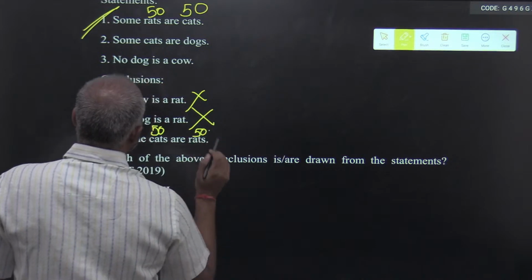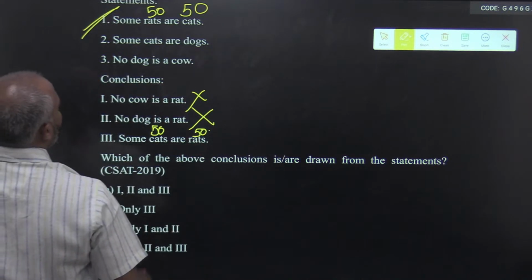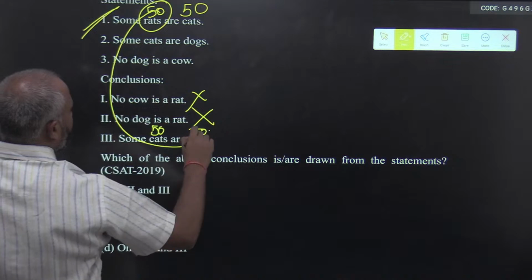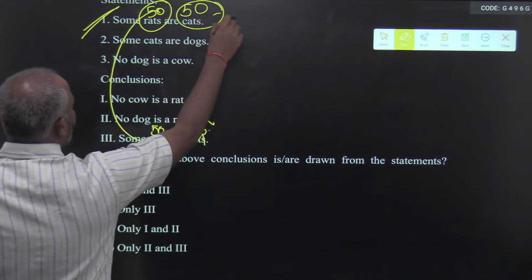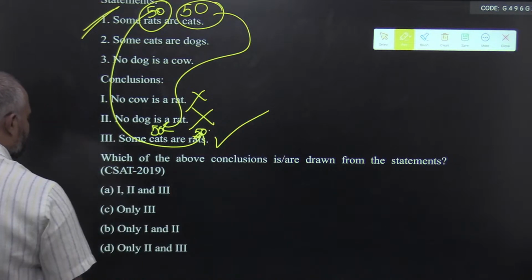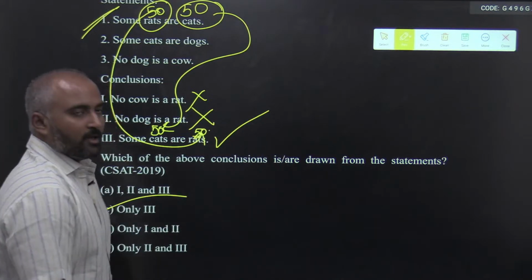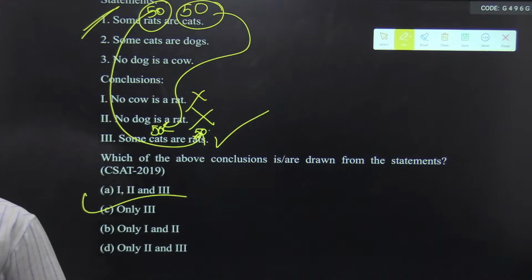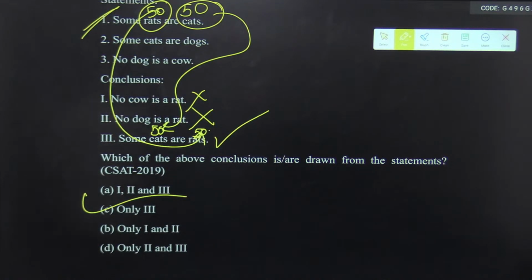So 50 can become 50, and 50 for cats can become 50 for cats. So only 3. Okay, so option C is correct.